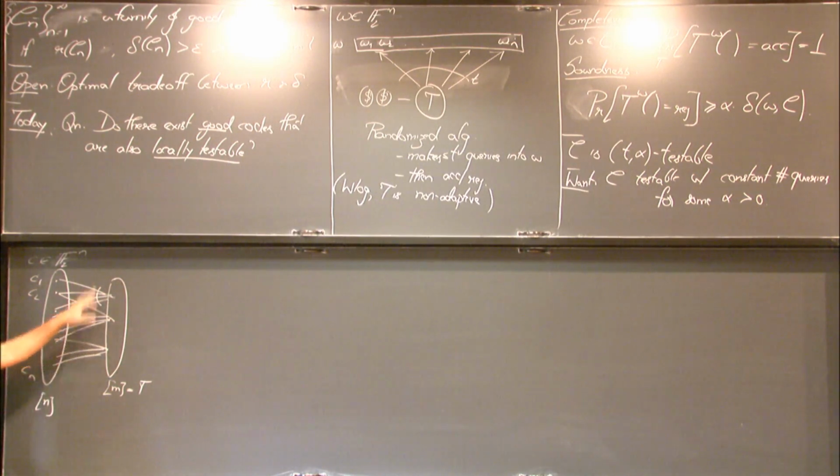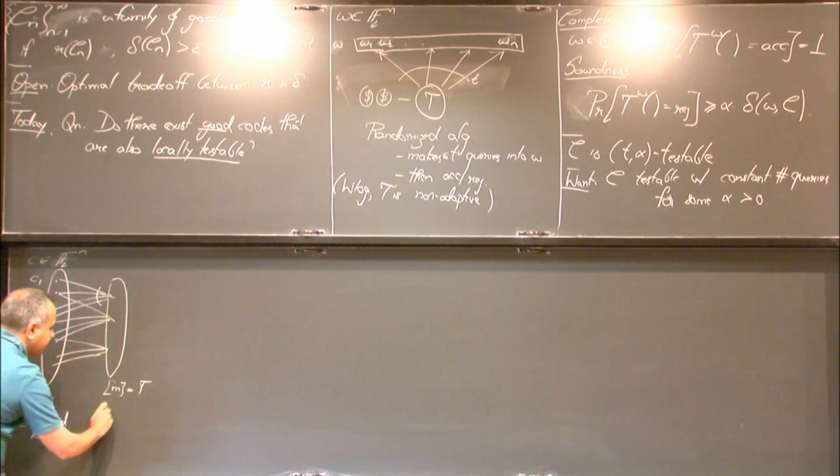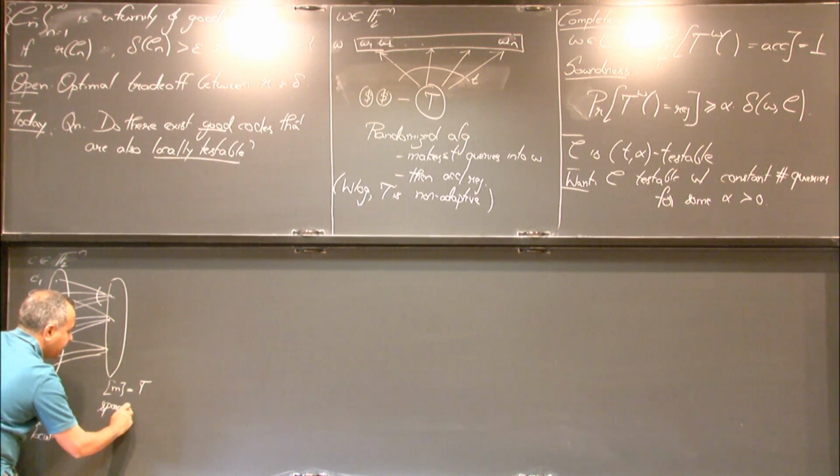You can assume that any linear code word without loss of generality has such a thing. These are the code word locations, and this is any spanning set of constraints that define the code.